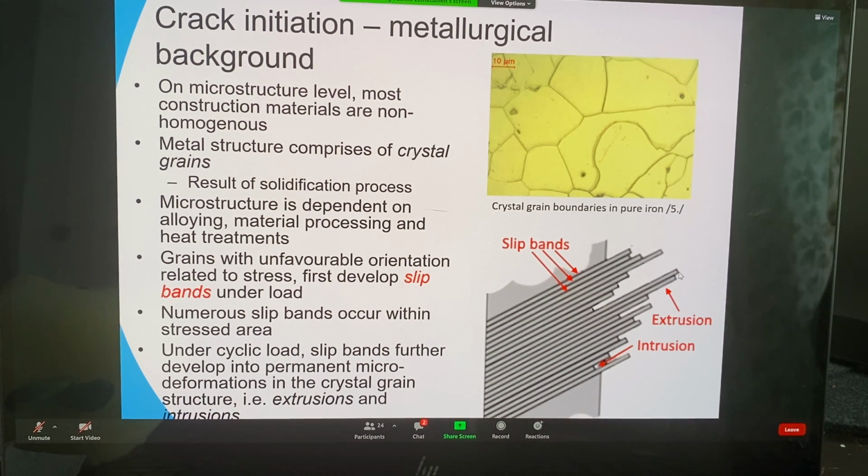So some portion of the material remains sort of extruded out from the original surface, and some of them remain protruded inside the material, considering the original surface. That is called intrusion. And from these extrusions and intrusions starts the fatigue crack.